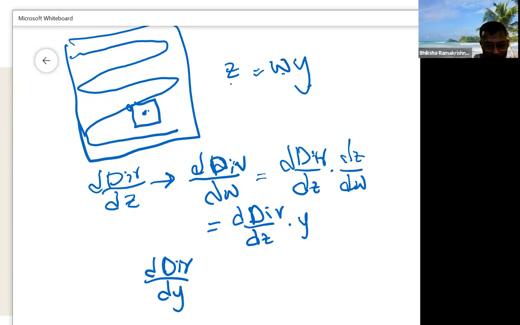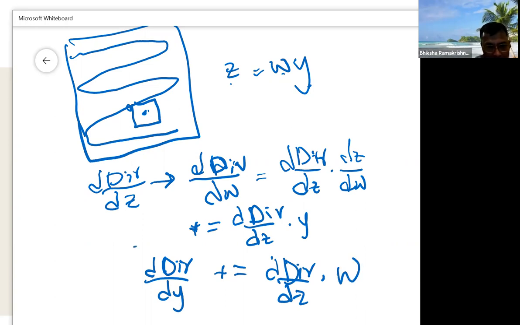and I'm going to put a plus over here because each w might actually be affecting many different components in the maps, so they will accumulate. But the point is this: I can similarly write d div over dy as d div over dz times w.